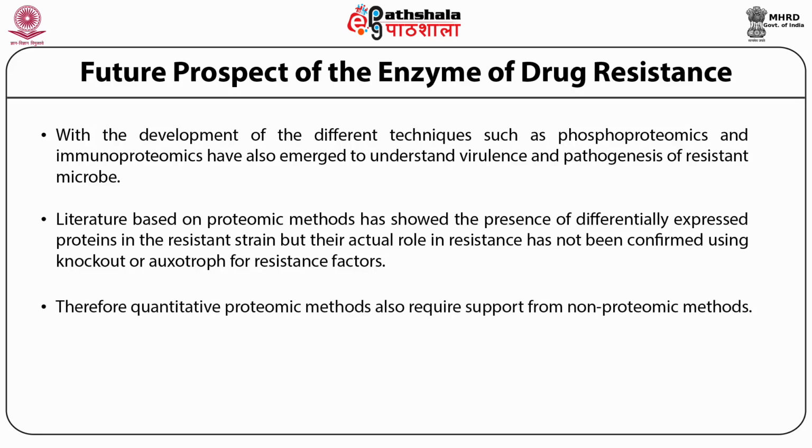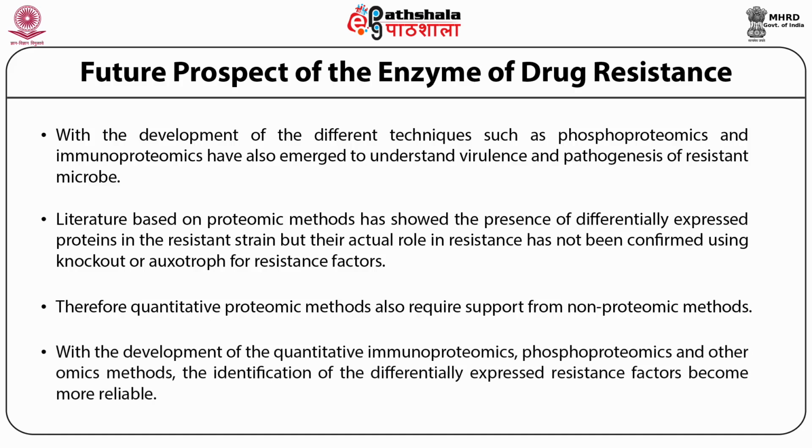Therefore, quantitative proteomics, which includes the above explained proteomics, also requires support from non-proteomic methods like auxotroph generation and others. Hence, we can say that with the development of quantitative immunoproteomics, quantitative phosphoproteomics and other omics methods, the identification of differentially expressed resistance factors becomes more reliable.